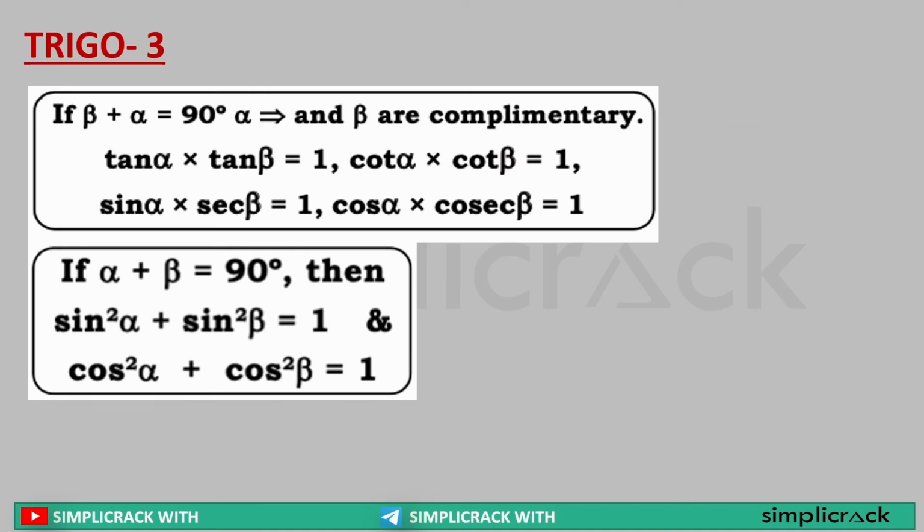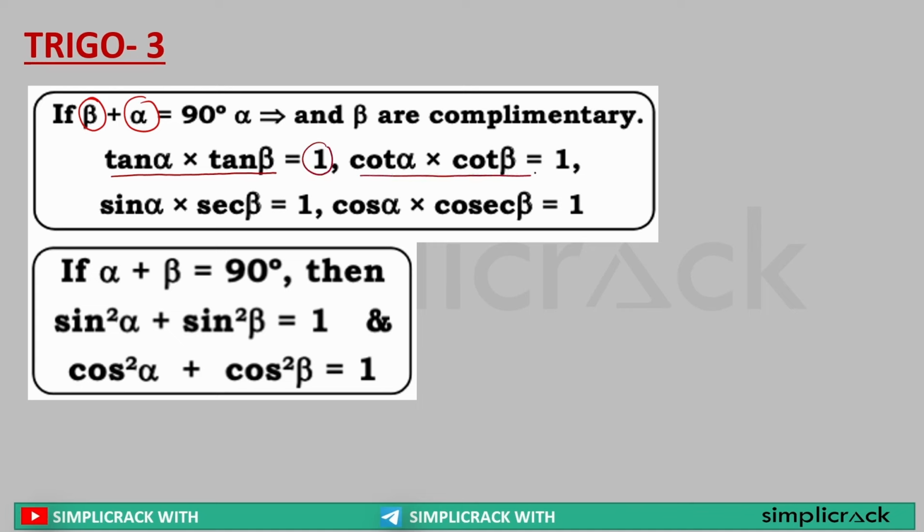See, if there are two angles, one is known as beta and another is known as theta, and if their sum is equal to 90 degree, they will be called what? Complementary angles. So if two angles are complementary, alpha and beta, or A and B are complementary, then tan alpha into tan beta is equal to 1.